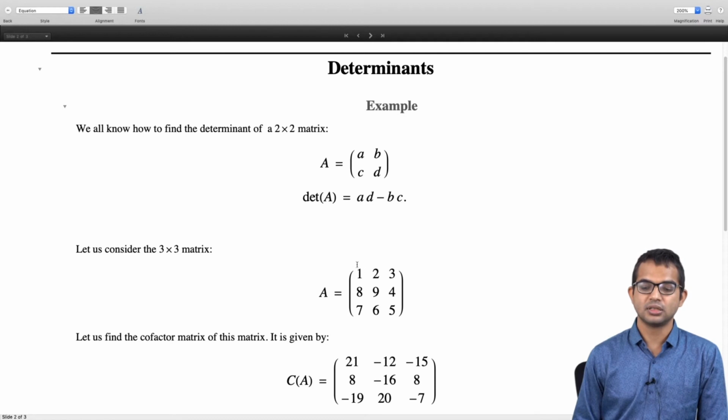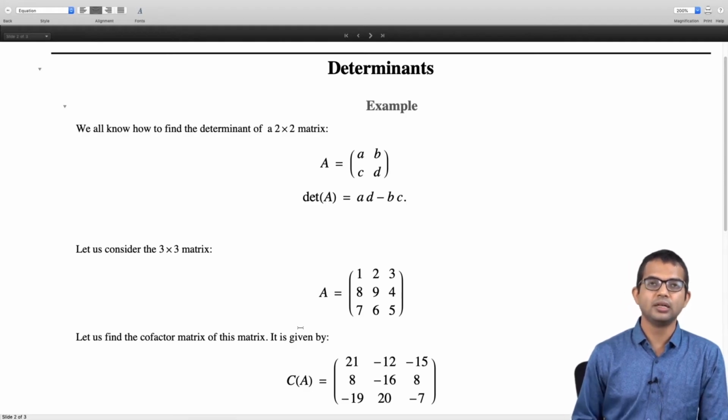The first element that we considered belongs to the first row and first column. So 1 plus 1 is 2, and minus 1 squared gives you a positive sign. So you get a minus 12 and minus 15 and so on. I will allow you to verify that I have done it correctly. You can find the cofactor matrix of any square matrix by replacing every element by its cofactor.